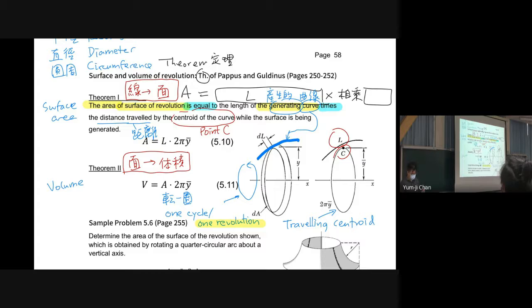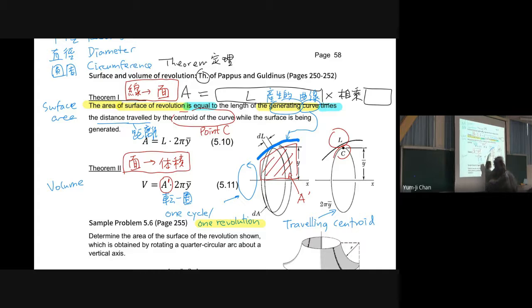For example, if we have a generating area, let me say A prime here, if we turn this area A prime by 1 revolution, we will get a volume, right?